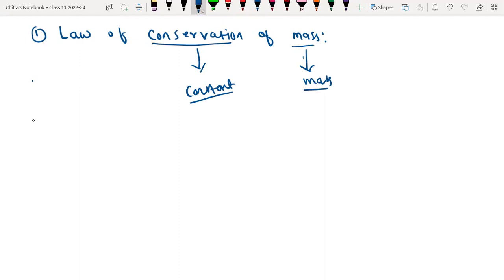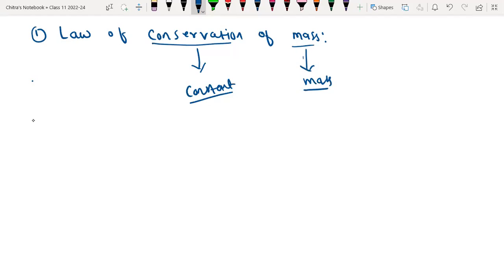In any chemical reaction, the mass of the reactants and products is conserved. Or you can say mass is neither gained nor lost during a chemical reaction, hence mass is conserved. So the total mass of reactants is always equal to the total mass of products.